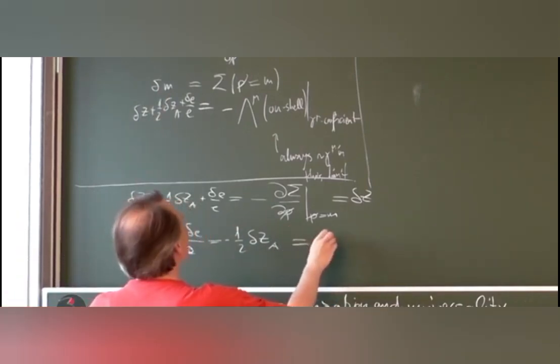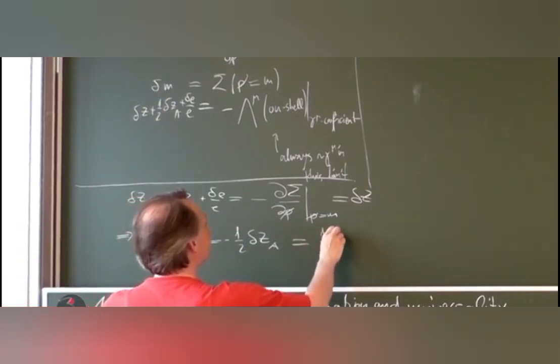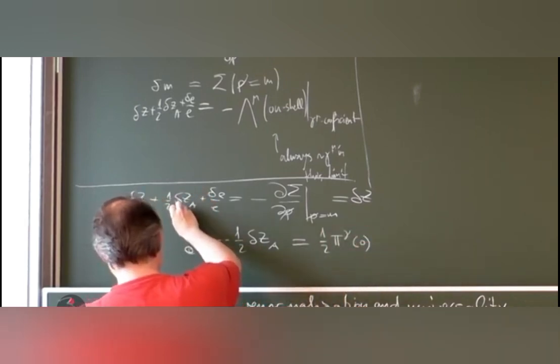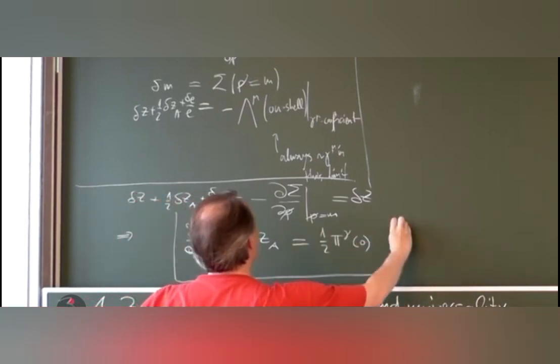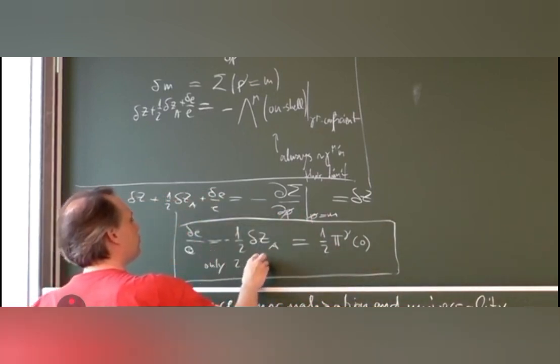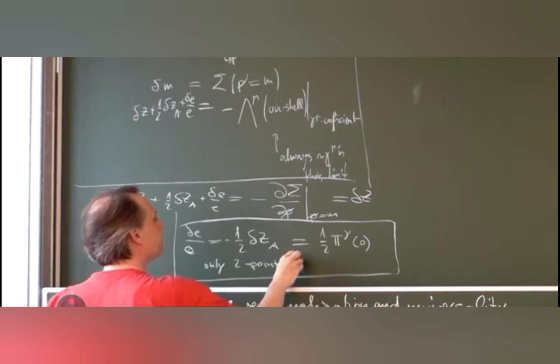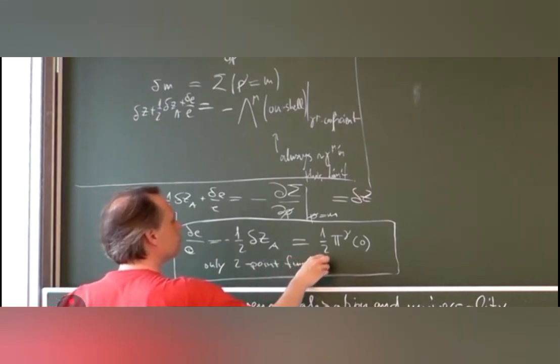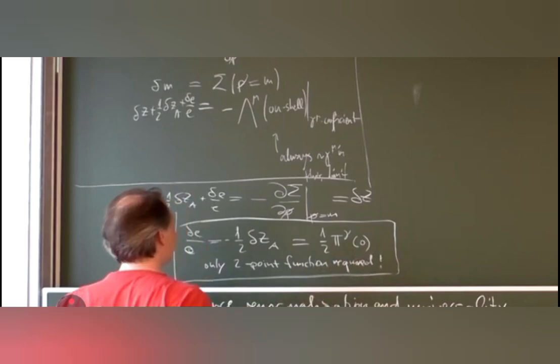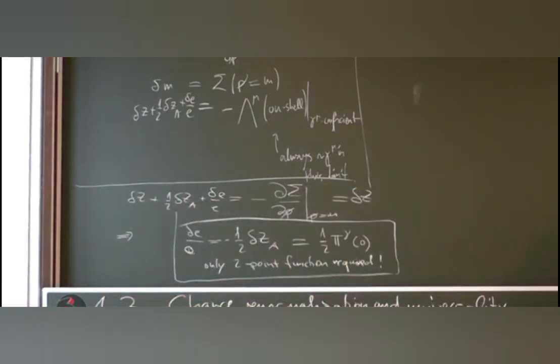So that is equal to 1/2 Pi gamma prime at 0. So only 2-point functions required. So that is the technical simplification that I announced.